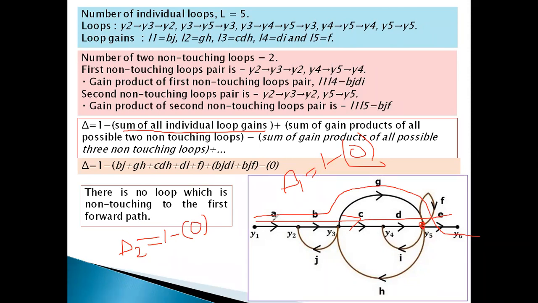If there is any loop, for example, a loop somewhere here with a loop gain of 5, then that loop is not in contact with the second forward path. So we have to put 5, not 0, and delta 2 becomes 1 minus that 5 gain value. Is it clear how to find delta 1 and delta 2? If you have any doubts, you can raise.